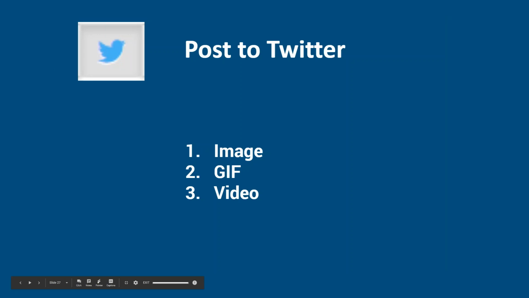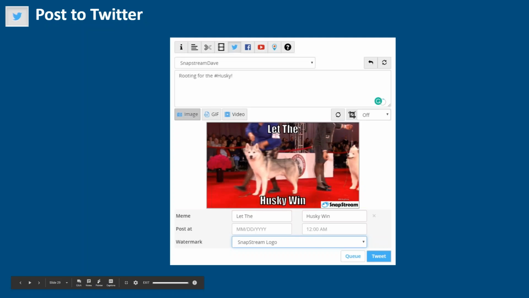So the first thing we want to do is go over how to post to Twitter. Again, we can post images, animated GIFs, or videos straight from SnapStream to Twitter. I'm having trouble with this slide as well for some reason. But when we look at the Twitter pane, it looks like this.